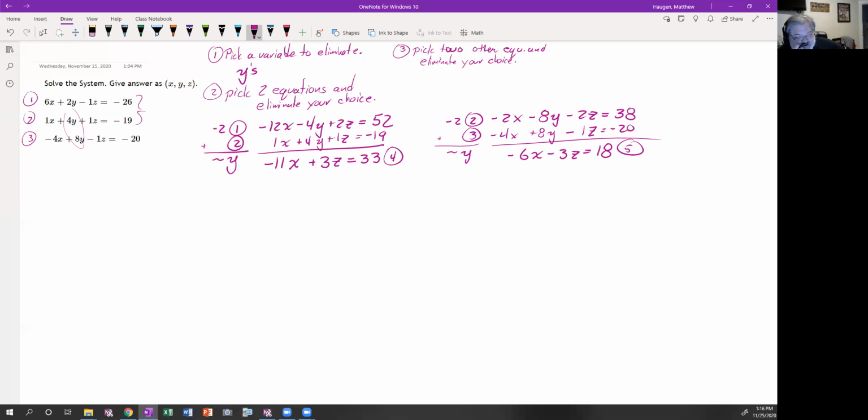But notice equations 4 and 5 only have 2 variables now, right? And because we got rid of the same variable both times, again, that's important, they both have the same variables in them. They're both x and z. This now is a 9-1 problem, right? We got 2 variables, 2 equations.